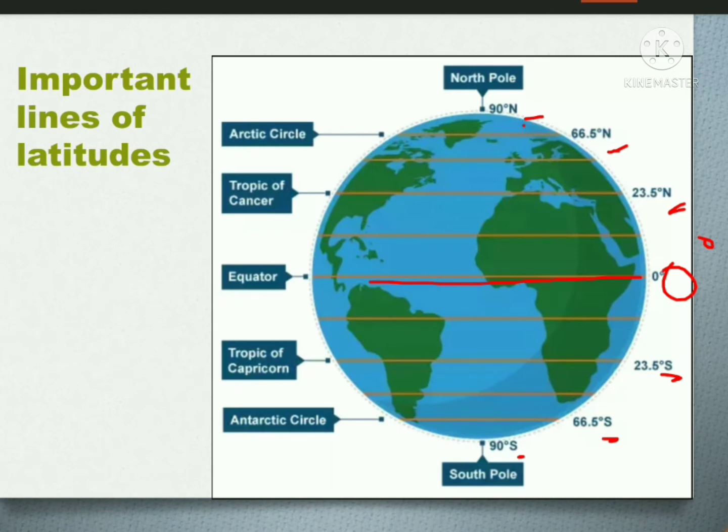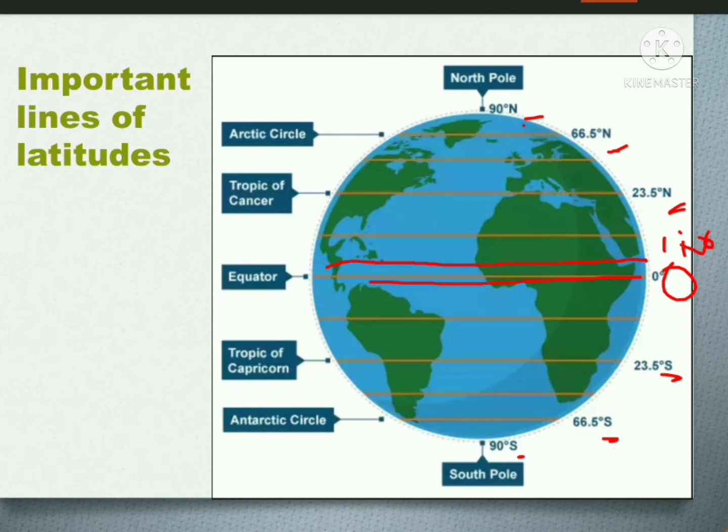For example, the latitude next to the equator in the northern hemisphere is at 1 degree north. If we talk about the next latitude after equator, what will be the degree? The degree will be 1 degree north.